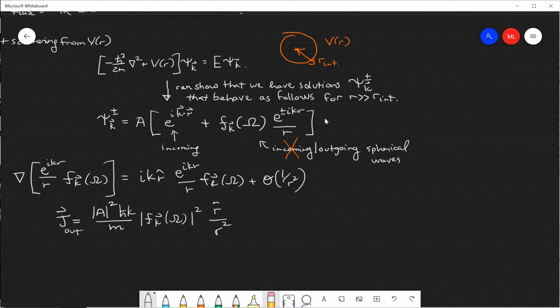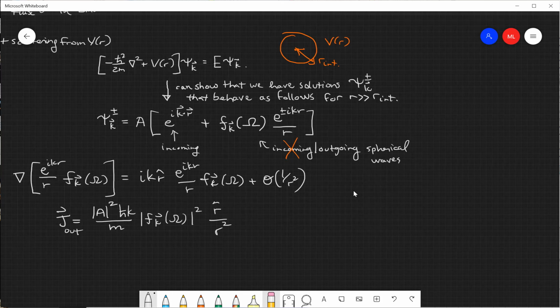This is just like setting up the scattering problem in 3D. Instead of having the 3 regions that we looked at in 1D, you just have an incoming plane wave along some direction, and then everything else is just a spherical wave. It's just a convenient basis.